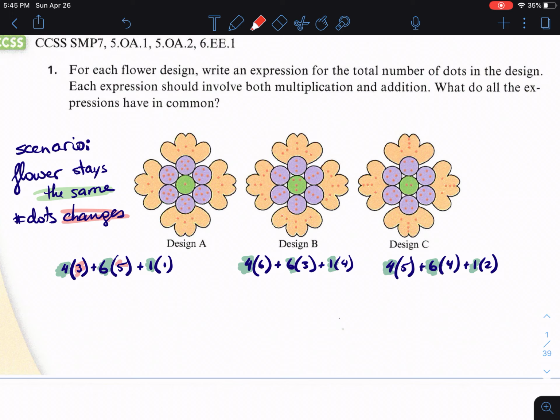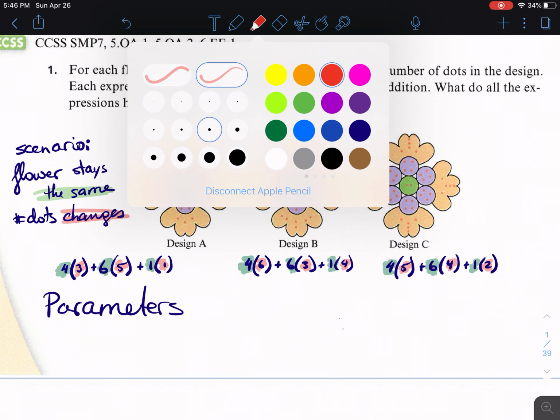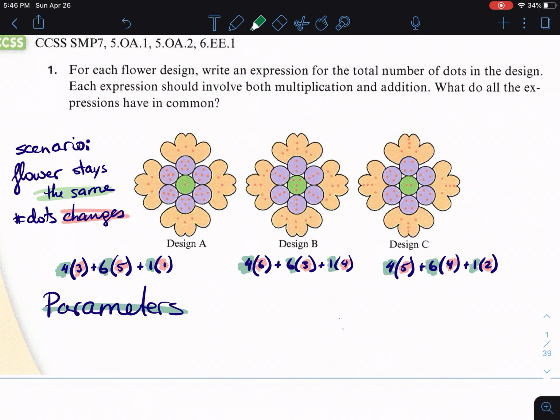Now what changed are the number of dots inside each of the petals or circles. So what the green numbers are, parameters, and we've discussed this before. The green numbers are parameters because they're staying the same throughout this particular scenario.